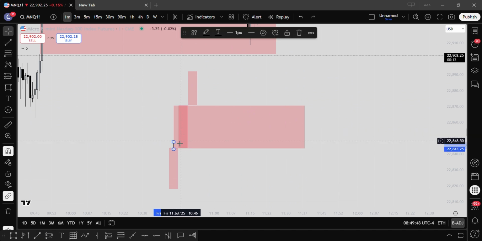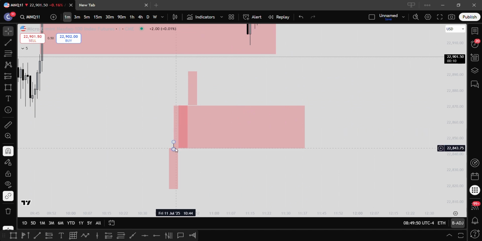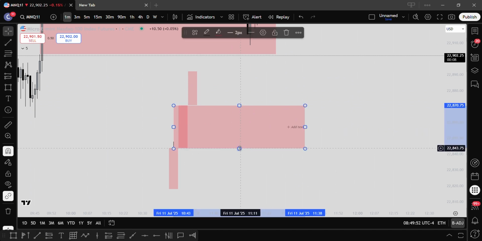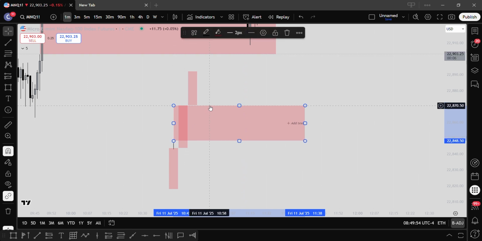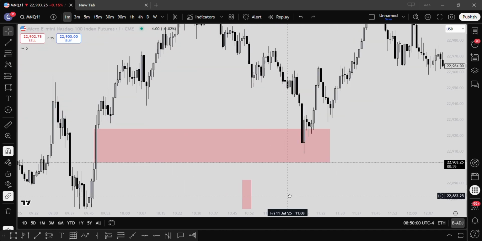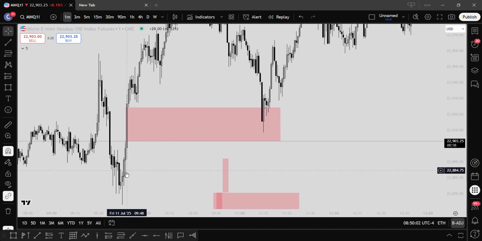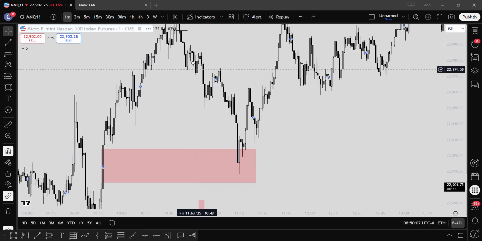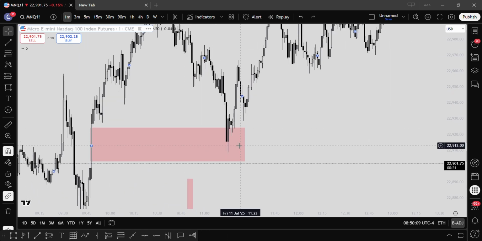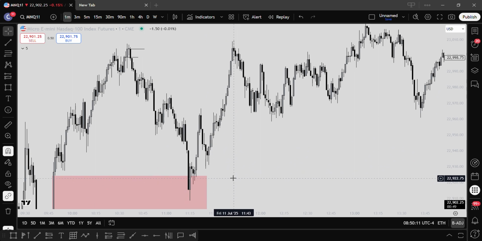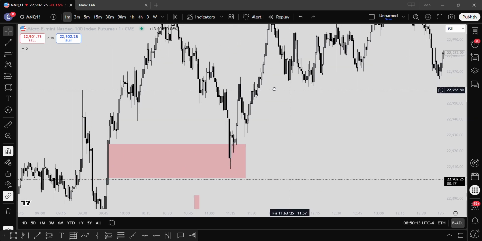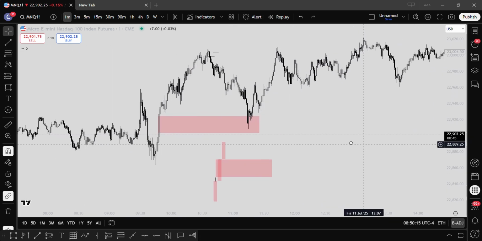If you have a wick here, you use the fair value gap from the wick to the wick, if there is a wick here too. Those levels act like support and resistance. As you see, this is a big 1 minute gap. The market displaces to the upside, retraces to it. This is a point of interest that we want to long from, and then it goes up. That's basically what a fair value gap is.